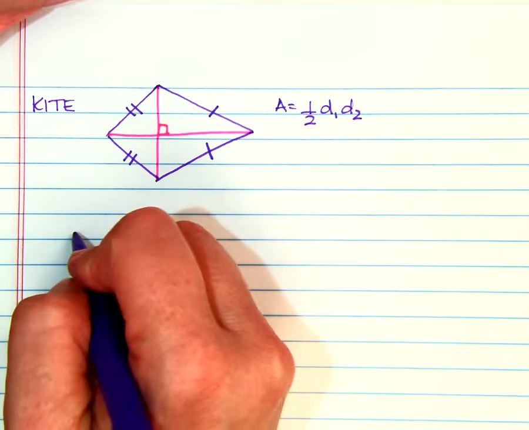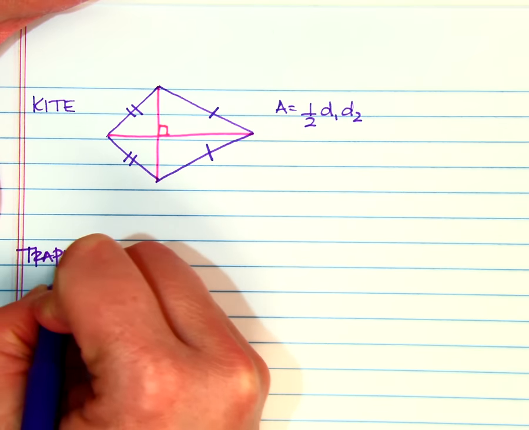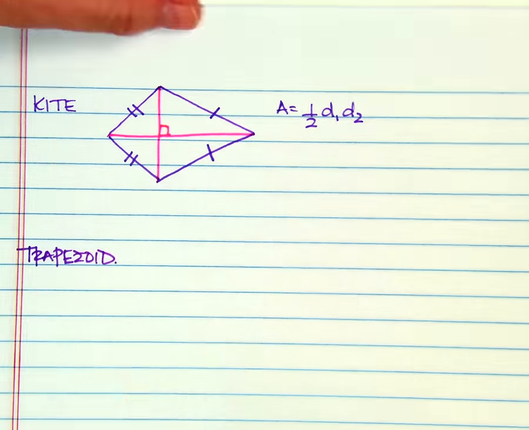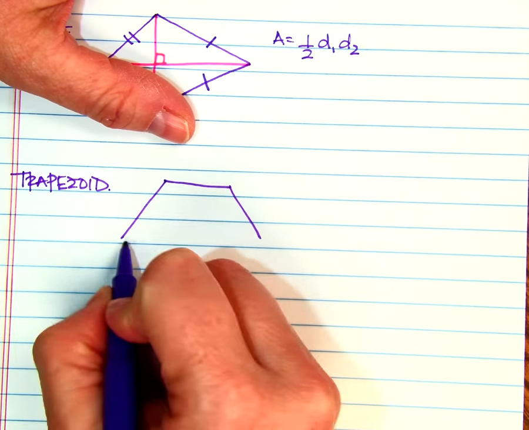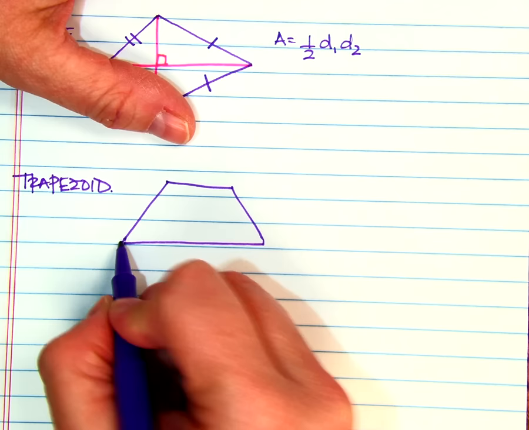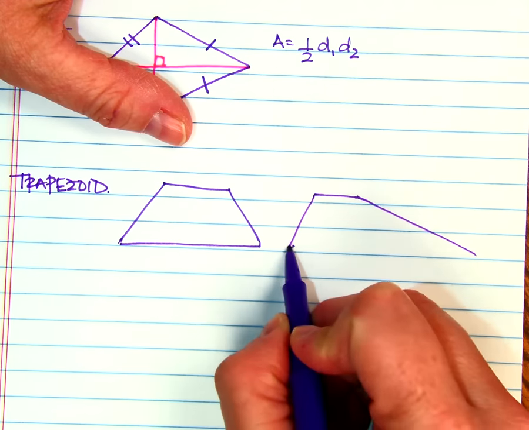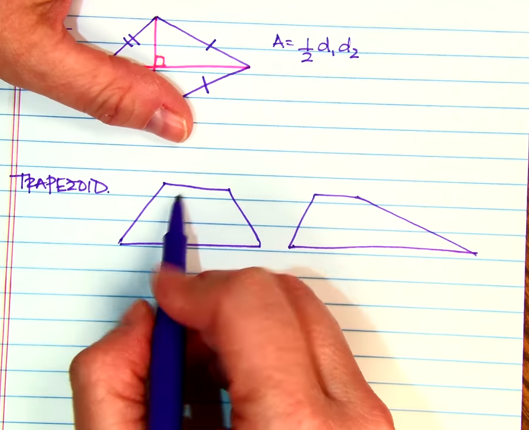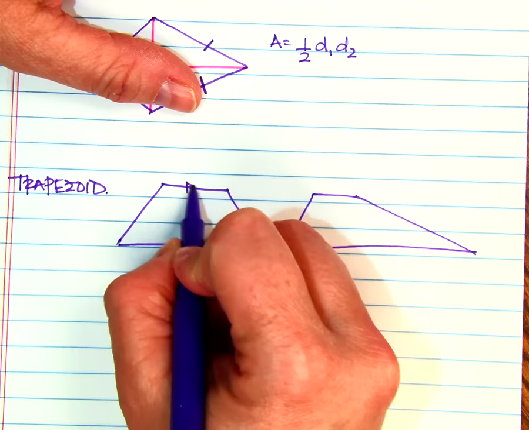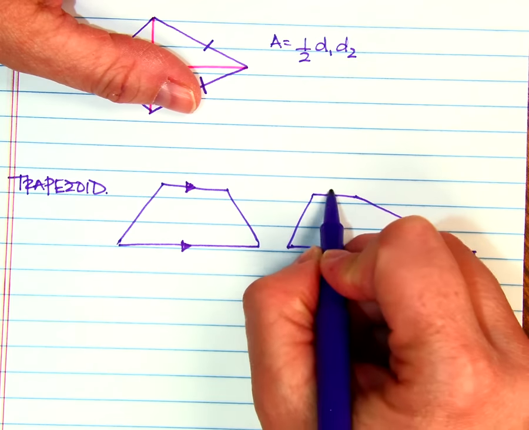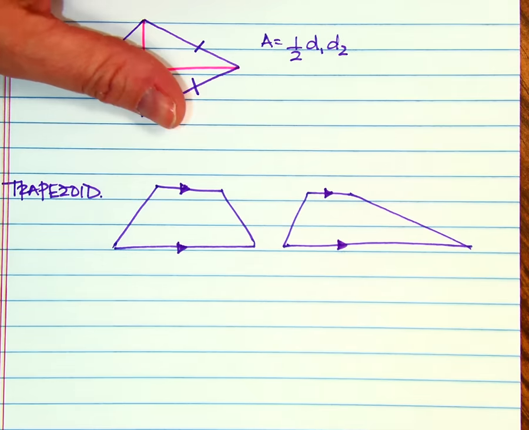And finally, we have a trapezoid. In a trapezoid, it might look like that, or it might be a little bit more stretched out. So this would be called an isosceles trapezoid, and this would be called a trapezoid. So either way, you have one set of parallel bases.